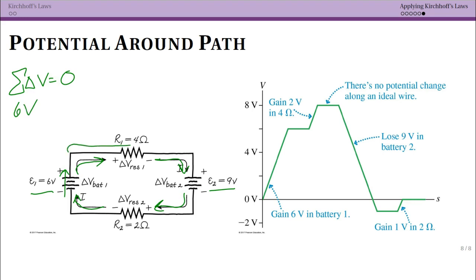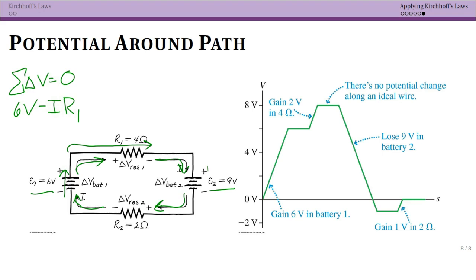Then we come over here and we have a decrease of I times R1, which is 4 ohms, but I'm going to leave that as a variable. Why? Because I've assumed that my current is going that way.